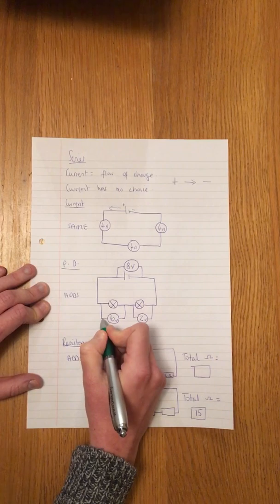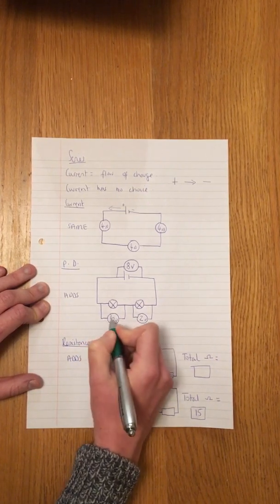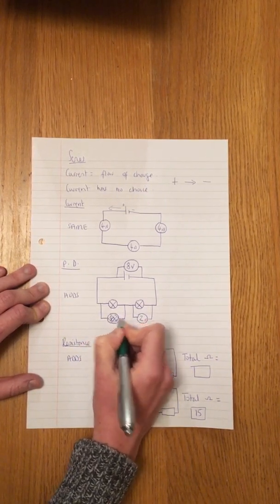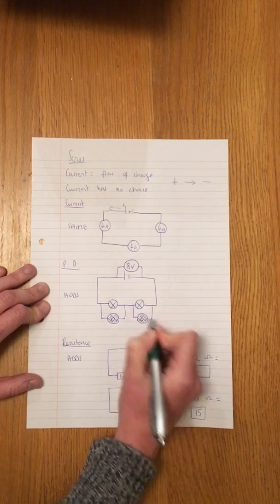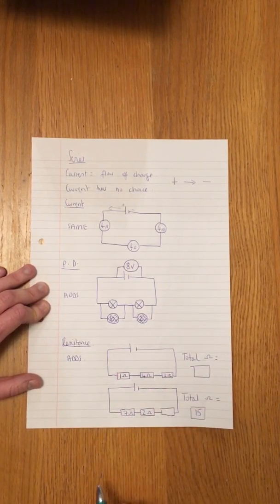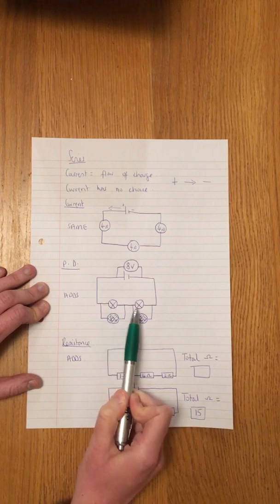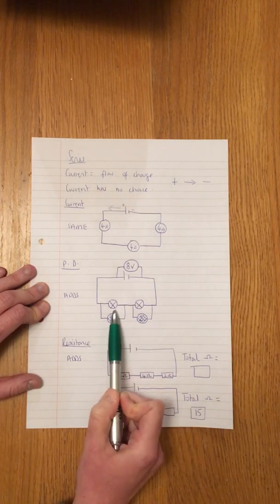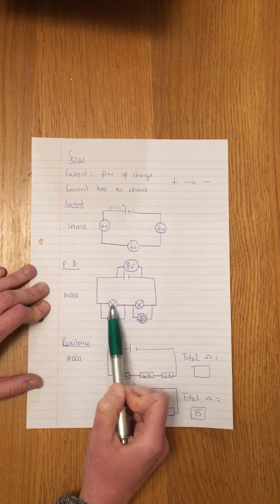If, let's say, this wasn't 6 volts, and I wasn't told anything at all, you would assume that because they're identical bulbs, they would split it 4 and 4. So if you're given no information, it's just split between the two evenly.